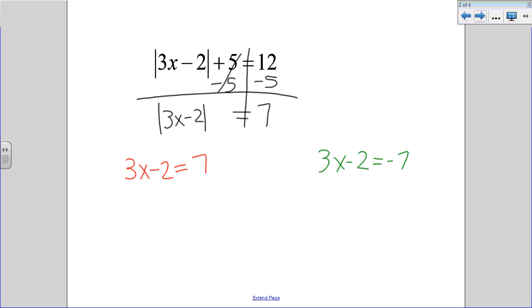So once you isolate your absolute value, then you know what your positive and negatives are going to be. So now I can add 2 to solve. x is equal to 3.